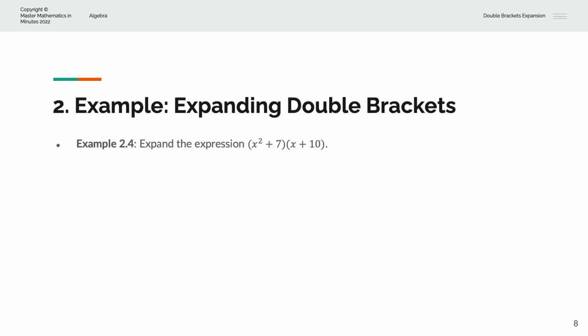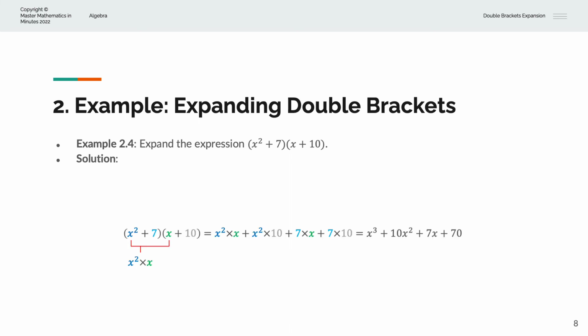In the fourth example, we're asked to expand the expression x squared plus 7 multiplied by x plus 10. The first step is to multiply x squared by x, and that gives us the first term. The second step is to multiply x squared by 10, and that gives us the second term. And the third step is where we multiply 7 by x, and that gives us the third term.